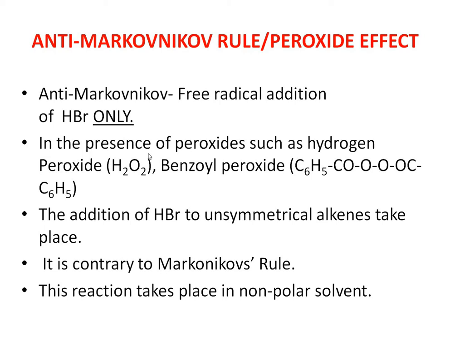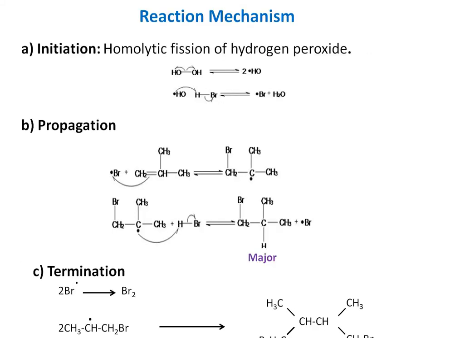In this rule, we use peroxides like hydrogen peroxide H2O2 or benzoyl peroxide. In this reaction, HBr will attack unsymmetrical alkenes, and this rule is contrary to Markovnikov's rule, and these reactions take place in a non-polar solvent.